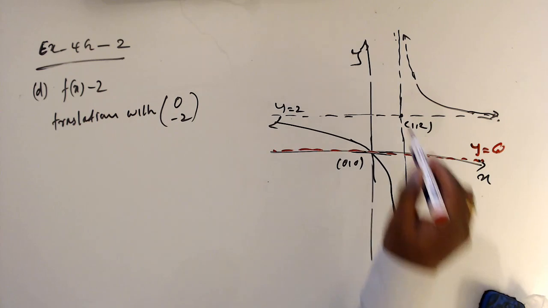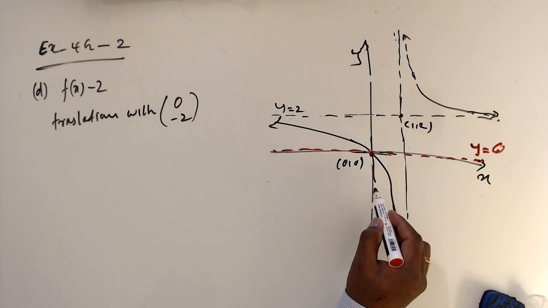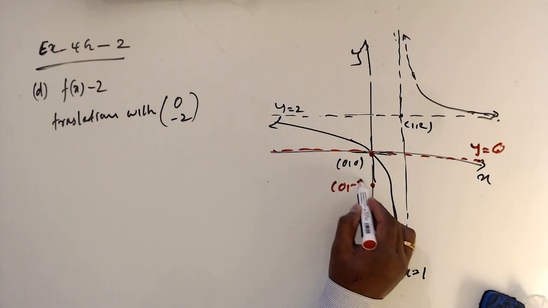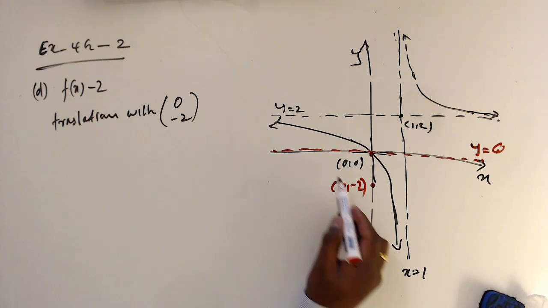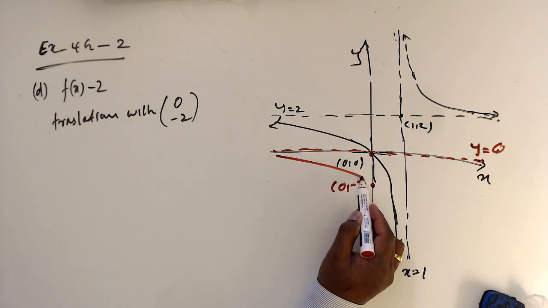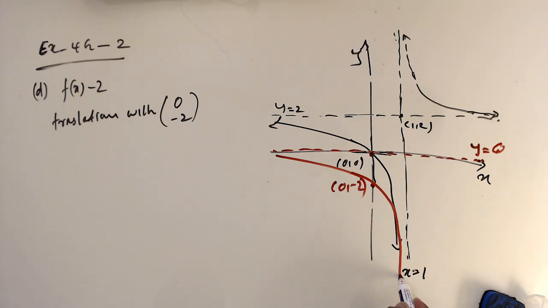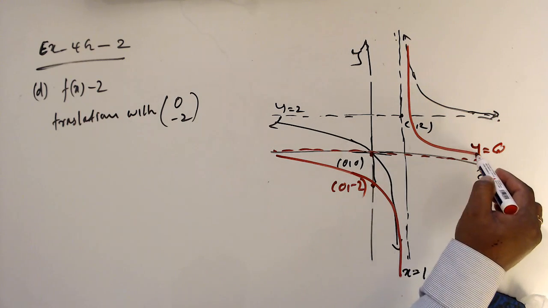And x equal 1 is going to be as it is. We don't touch that. Now this 0, 0 point is going to be 0, minus 2. Now the curve goes like this, and this one goes like this.